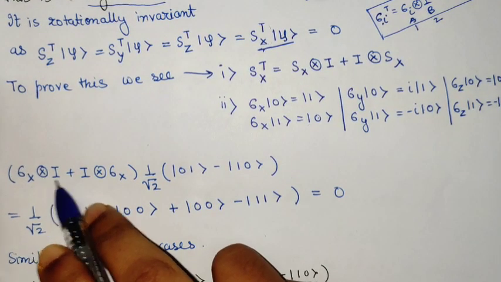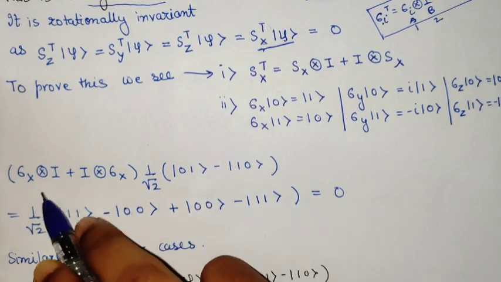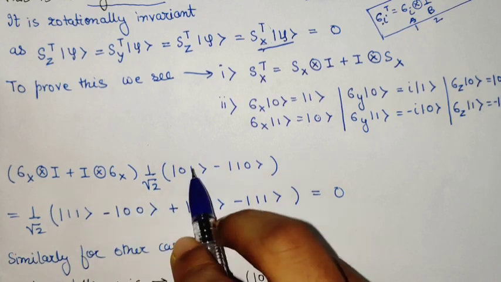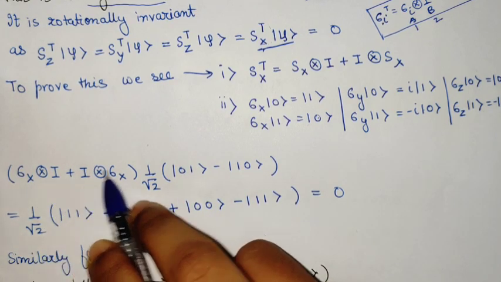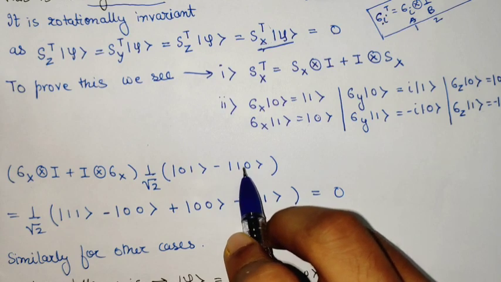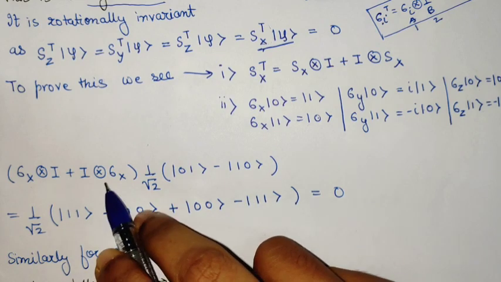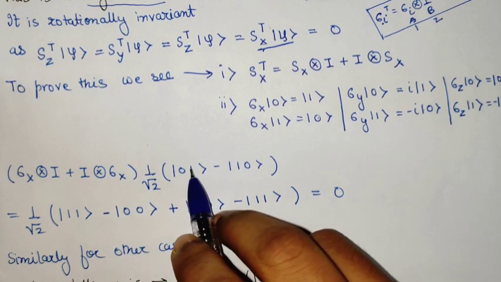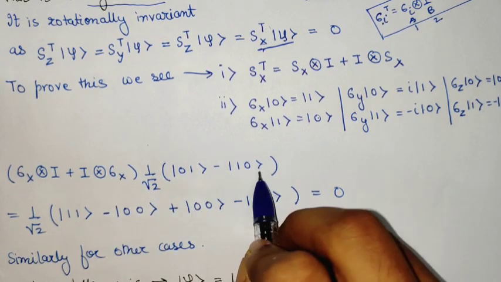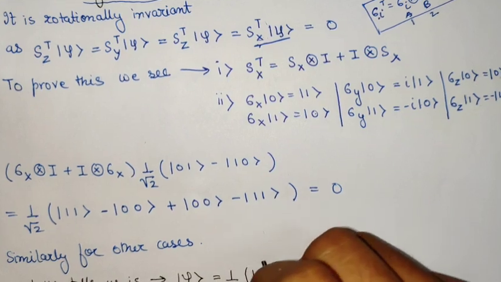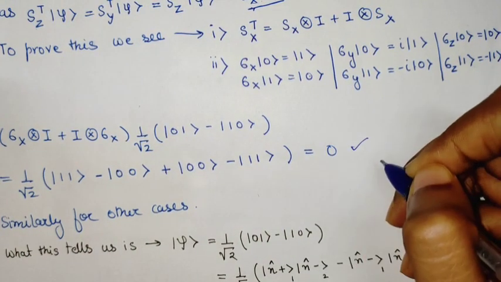So what we will do is we will simply plug it here, and then perform sigma X on the first state to get 1, perform sigma X here also on the first state to get 0, and then similarly we act on the second state, it gives us 0, and this acts on the second state, it gives us 1, and the entire result is 0.